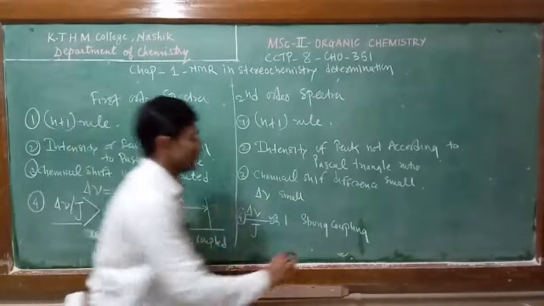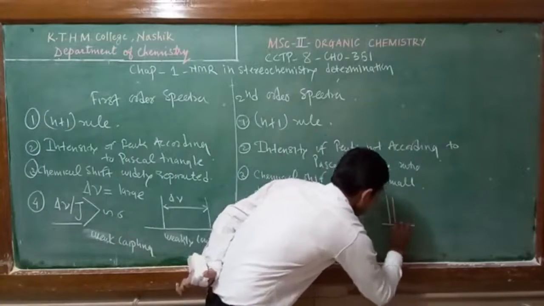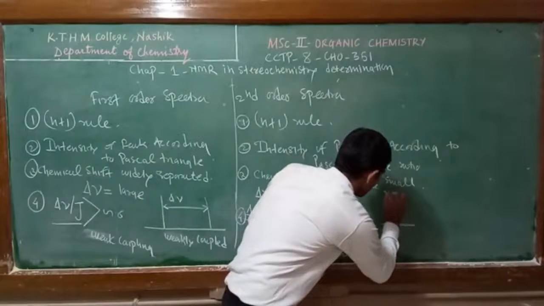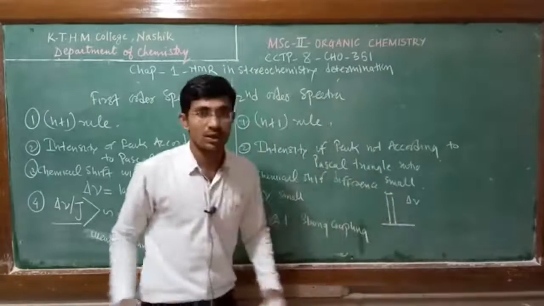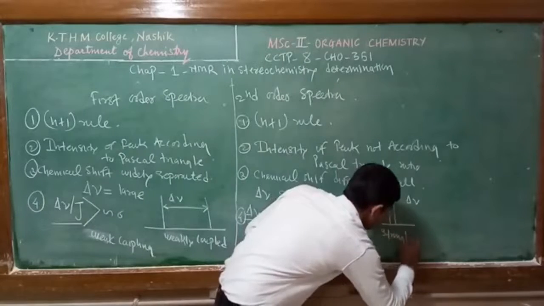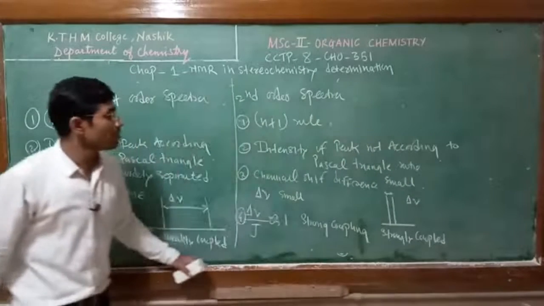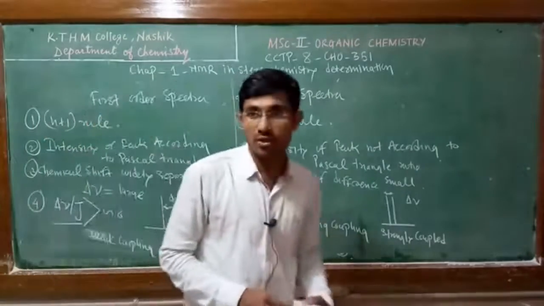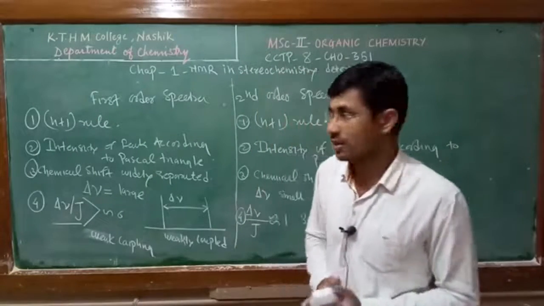If you take the second order spectra, we get two peaks, but this difference, delta nu, is so small here. So these two protons are strongly coupled. Also remember, in first order spectra overlapping of peaks does not occur, and in second order spectra we observe overlapping of peaks.